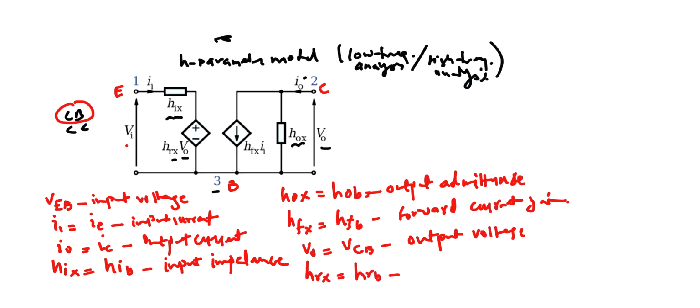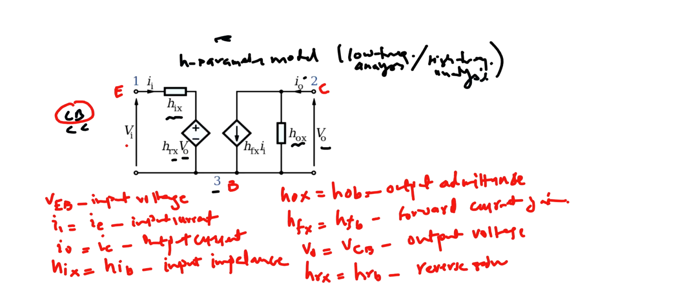It's like the signal is coming from the output side, and you receive it at the input side, and whatever the gain is, that is your reverse gain. So that's all. You have this model for your common base configuration.